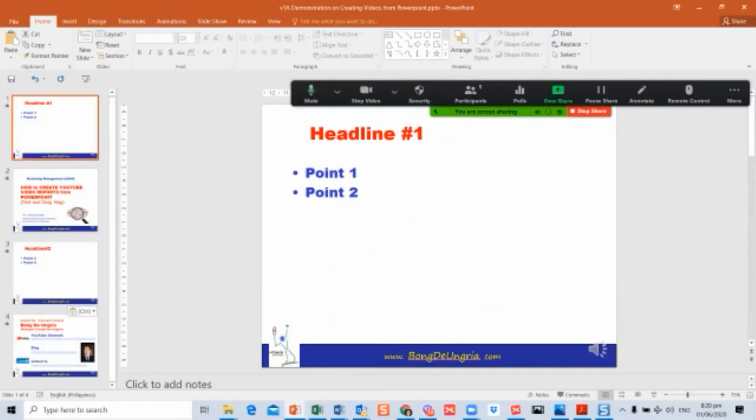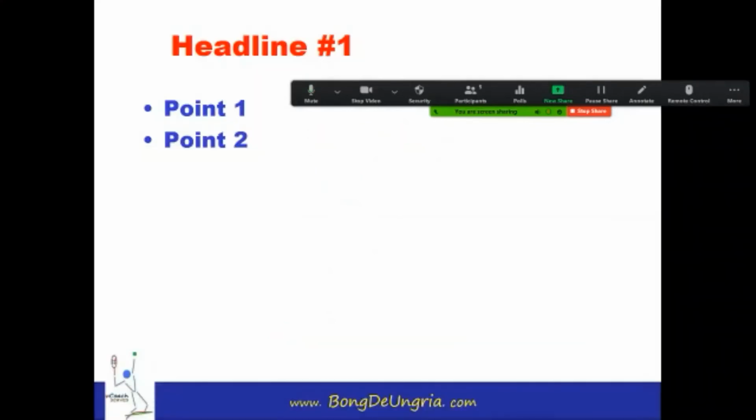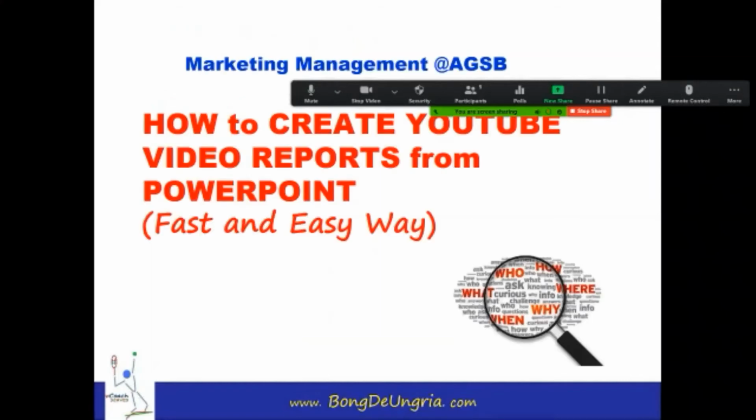So now I highlight the first slide and play it. For example, this is my new sequence. So this is my first slide. I will talk about headline number 1, and I can talk point number 1, blah, blah, blah, and then point number 2. And then I'll just click on the next slide. Okay, and it comes to this window.